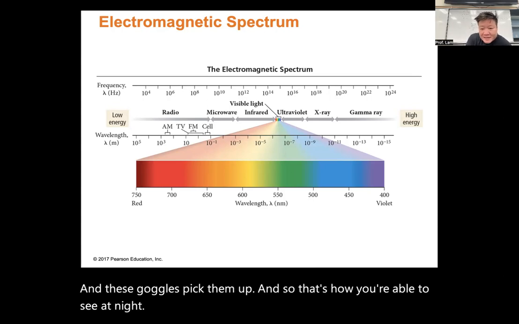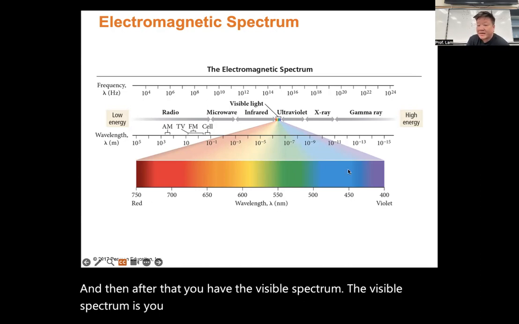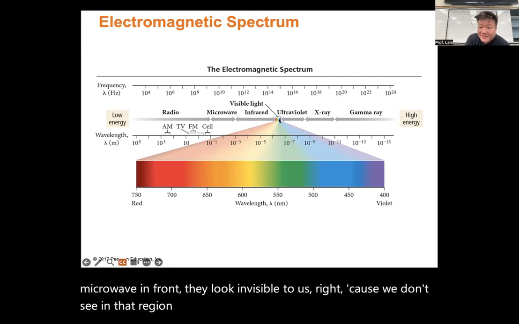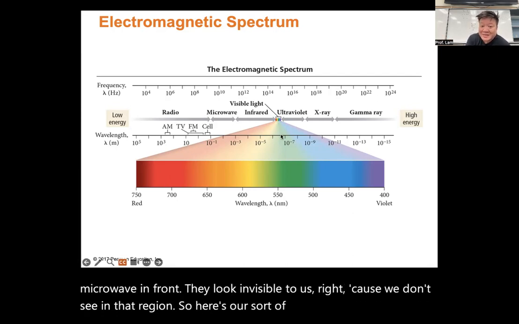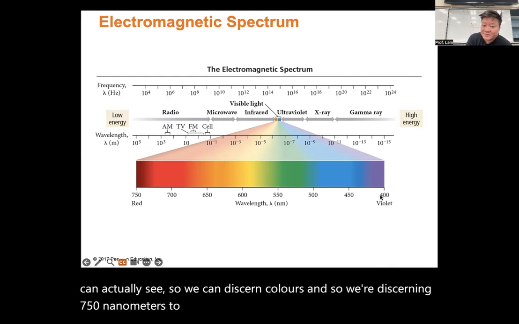And then after that, you have the visible spectrum. The visible spectrum is what we see. We see colors. We don't see radio, microwave, or infrared. They look invisible to us because we don't see in that region. So here's our narrow range of where we can actually see and discern colors. We're discerning 750 nanometers to 400 nanometers.